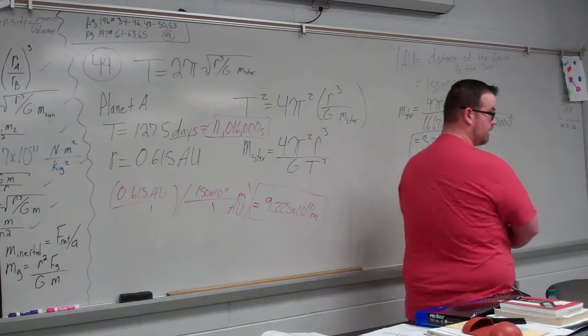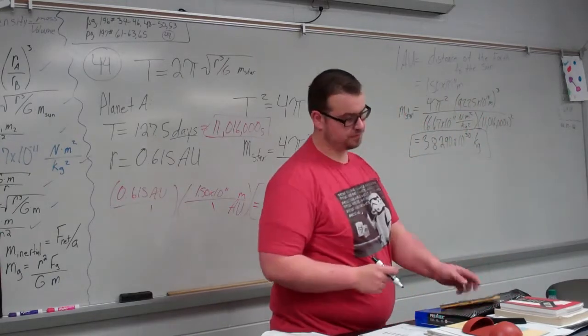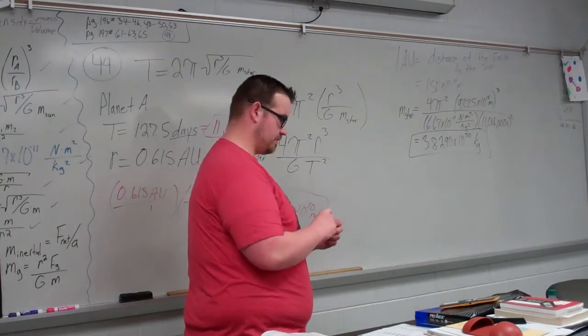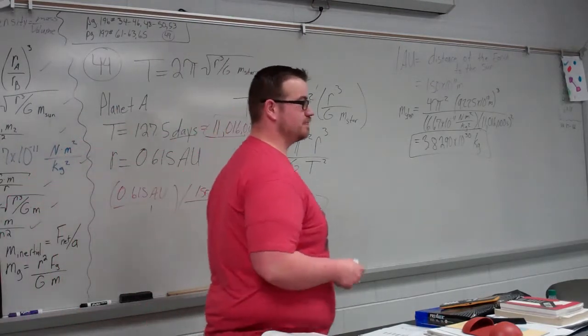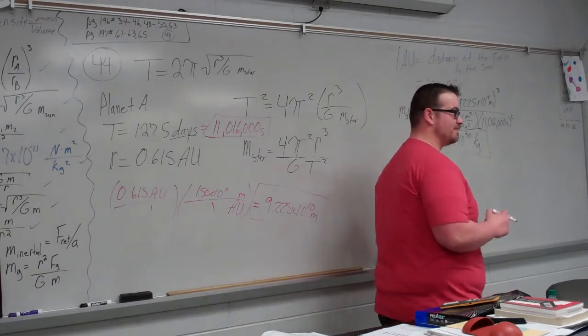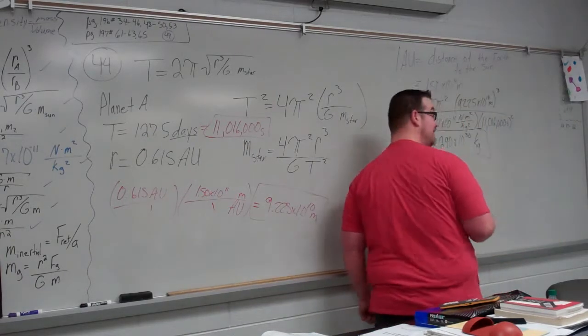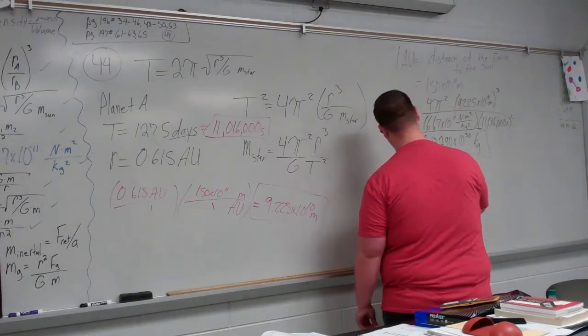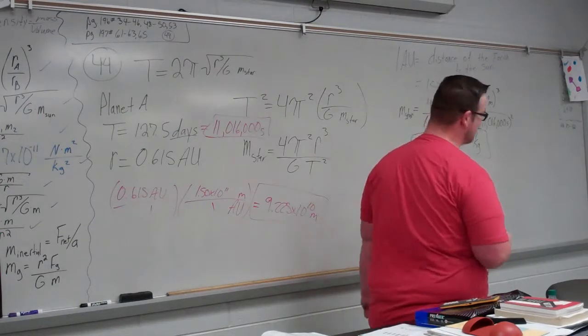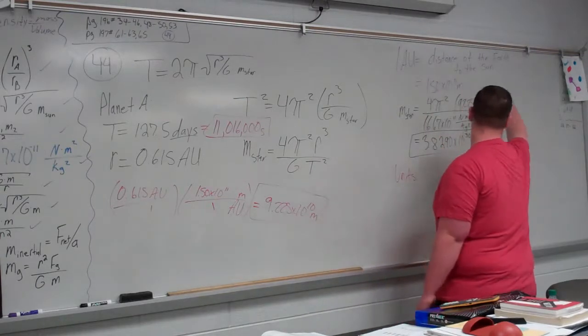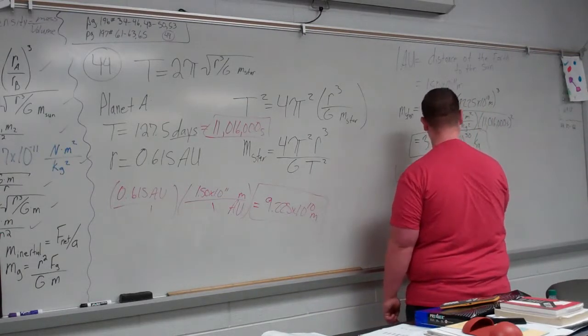How do I know it's kilograms? This is math. Can you show me mathematically how you get it? Do we have to? You might. Try to unit that. So units, I got meters, and they're cubed, so meters cubed on top.